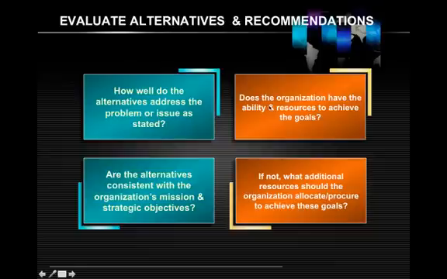Number three, does the organization have the ability and resources to achieve the goals or your solutions? Again, as I said, you cannot give them solutions that they cannot execute or don't have resources to execute. Consequently, the final question you need to ask would be, if the organization does not have, let's say, XYZ resources to implement your solution or alternative, then you need to recommend what kind of additional resources, and at what cost, the organization should allocate or procure to achieve these specific solutions, right?